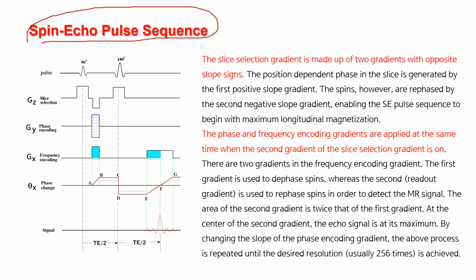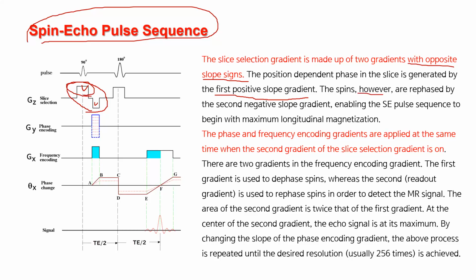The slice selection gradient is made up of two gradients with opposite slope sizes. So this is the slice selection gradient, which consists of opposite slope gradients. The position dependent phase in the slice is generated by the first positive slope gradient, this one.